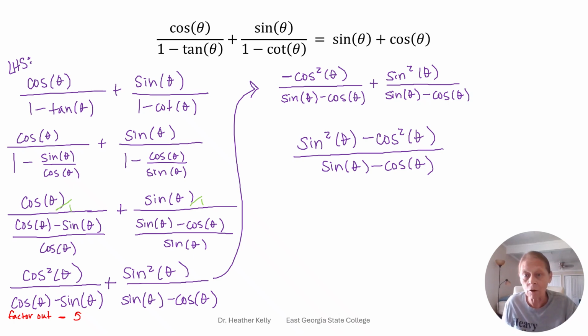Okay, don't break your algebra. Don't do anything silly like canceling out sines and cosines. You can't do that. That's illegal algebra. Okay, but what we can do is notice that the numerator is the difference of two squares.